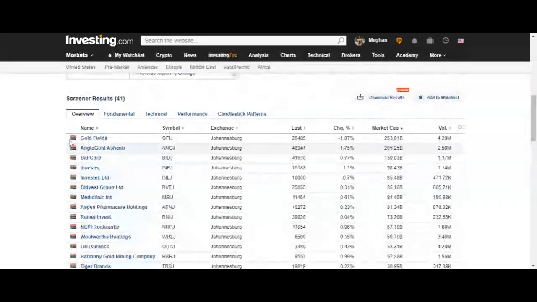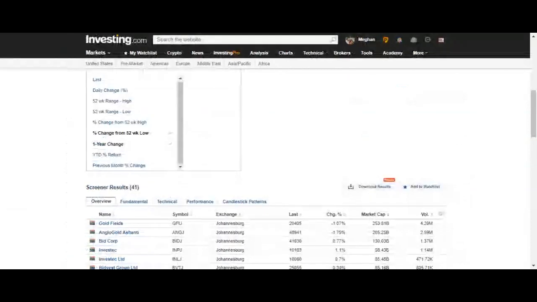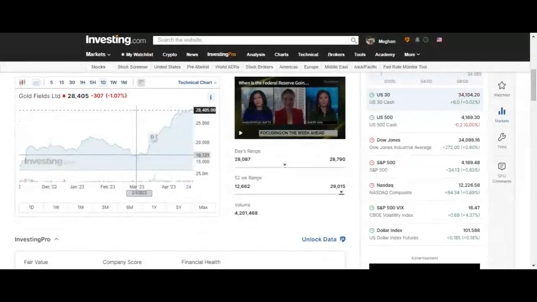Gold Fields. So we know that Gold Fields must have performed well lately. So let's go and have a look. Performed very well lately.